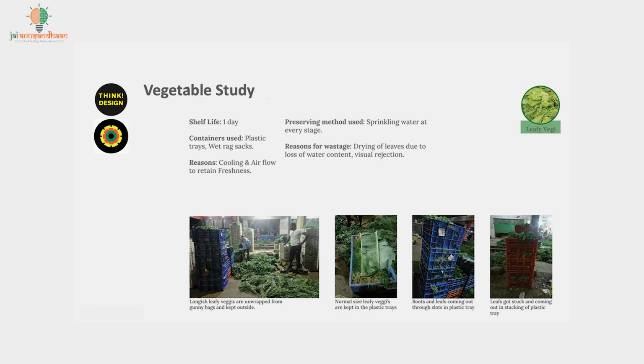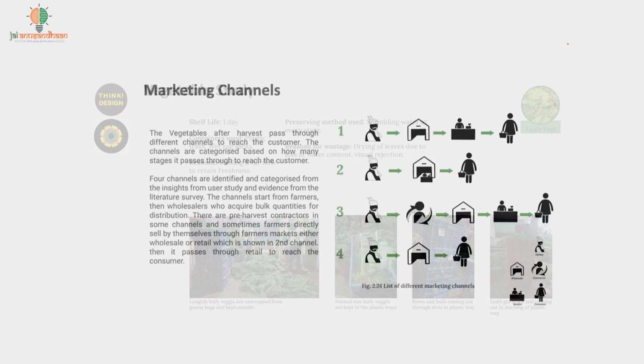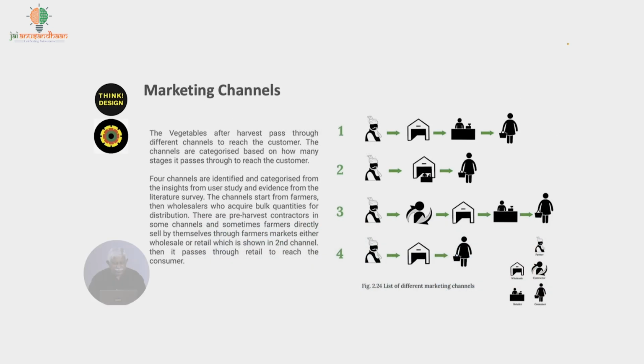Some more studies on that. You can see different methods of trying to store it. If you look at the marketing channels, they are different for different regions and different vegetables. You have the farmer here. Is there a storage place? Sometimes there is, sometimes not.